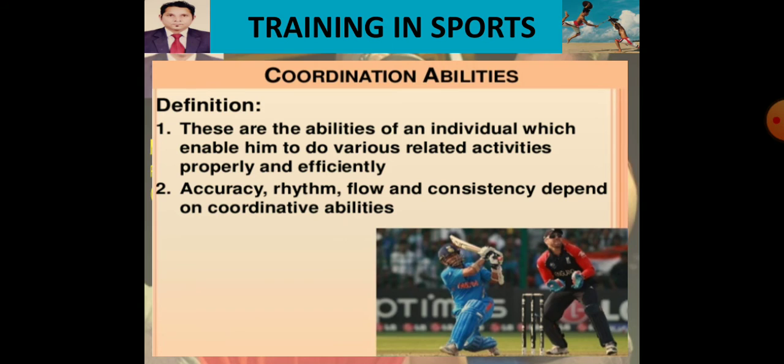Engagement in the training of coordination abilities can additionally be a source of recreation and recovery. If development of coordination abilities is initiated from an early age, then the individual will have an easier time to acquire complex skills in later years.